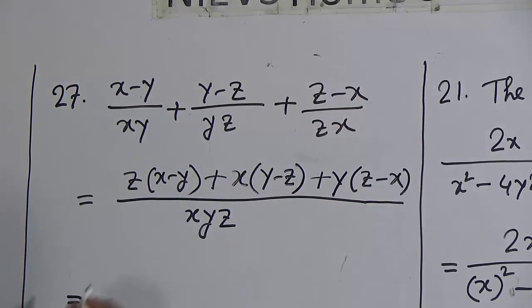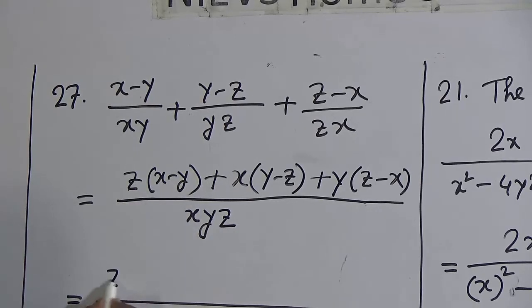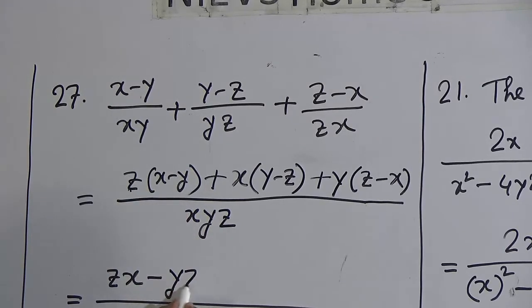So let's distribute. If we distribute z with x minus y, what will happen? It's z and x, so zx will be there, minus sign in the middle, and z multiplied by y will be yz. I'm writing by arranging.